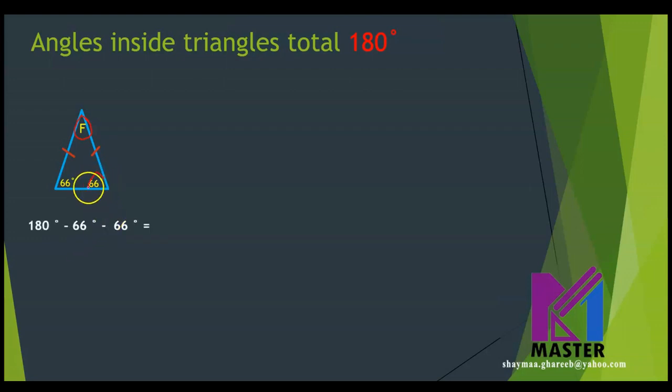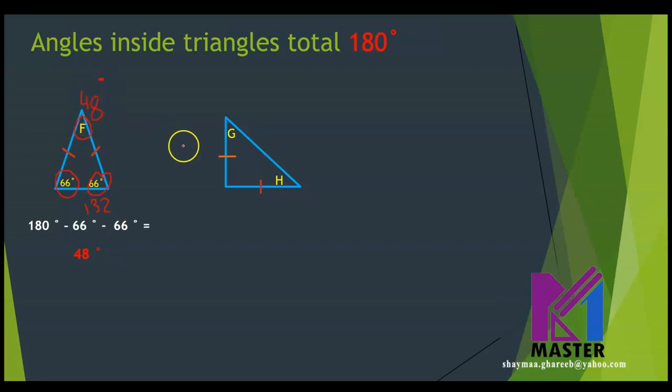Or I can add both angles. 66 plus 66 equals 132. I can subtract 132 from 180 equals 48 degrees. So angle F is 48 degrees.